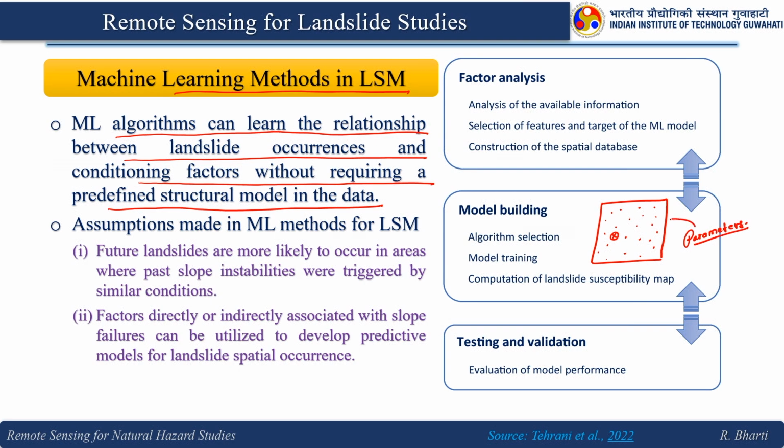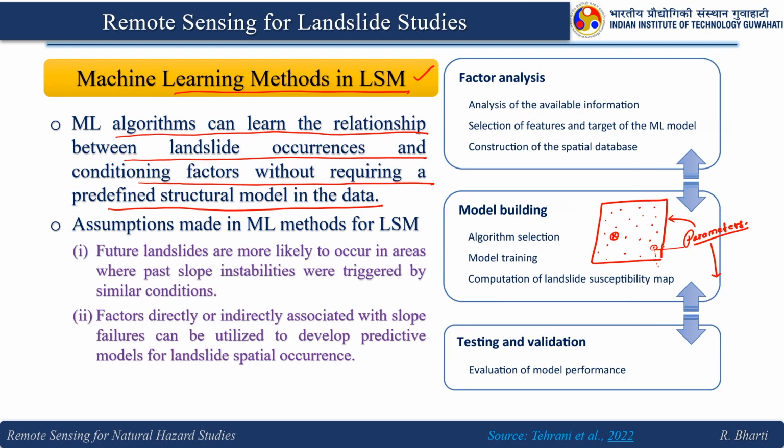with the help of in situ investigation or maybe from remote sensing, that will be collected and we will generate a database. Then we will use machine learning, and in machine learning the system will learn by itself that if this particular location has failed in the past, what the different parameters are.